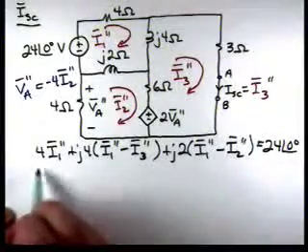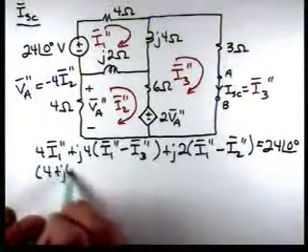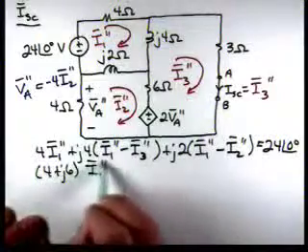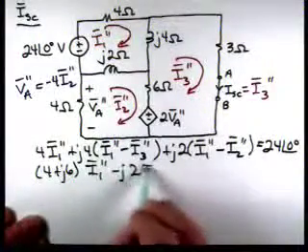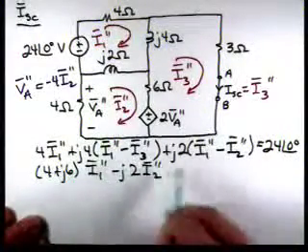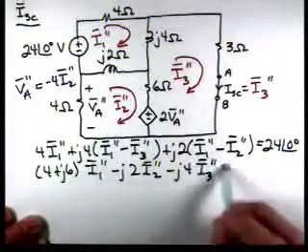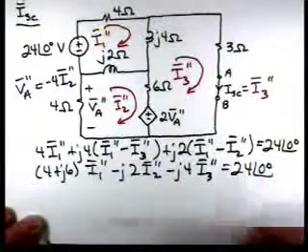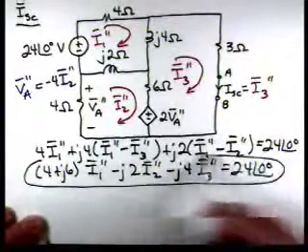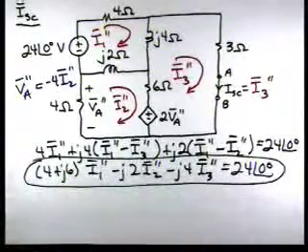And that reduces to 4 plus J6 I1 double prime minus J2 I2 double prime minus J4 I3 double prime equal to 24 at an angle of 0. So there's one of our equations.